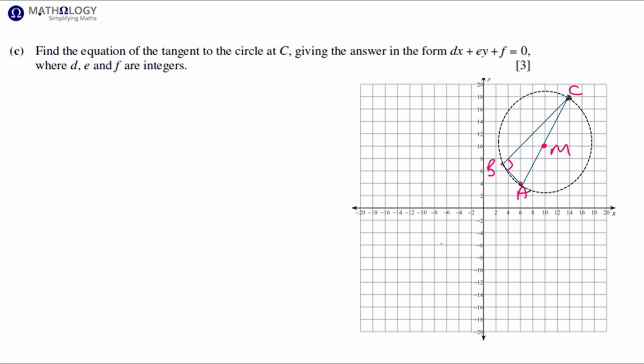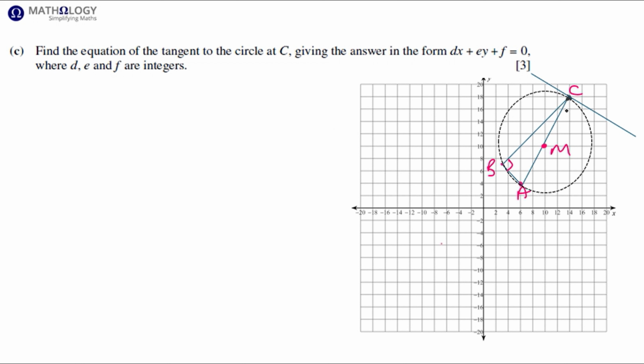Finally, find the equation of the tangent to the circle at C, giving the answer in the form dx plus ey plus f equals 0, where d, e, and f are integers. Let's just draw in a tangent at C. Now, we know that a tangent is perpendicular to a radius or diameter of a circle.